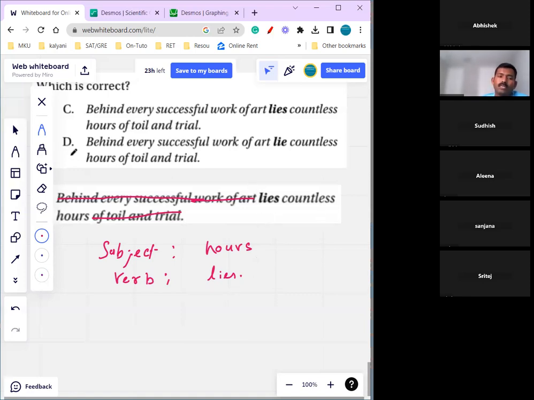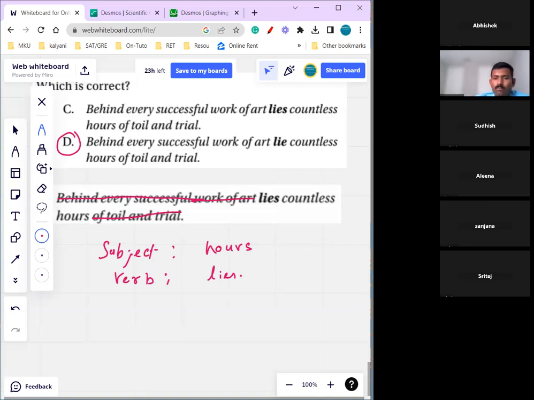In that case, D is the best answer. The subject and the verb are inverted, so we need to uninvert. When you uninvert, you have the hours, so obviously lie is the best answer.